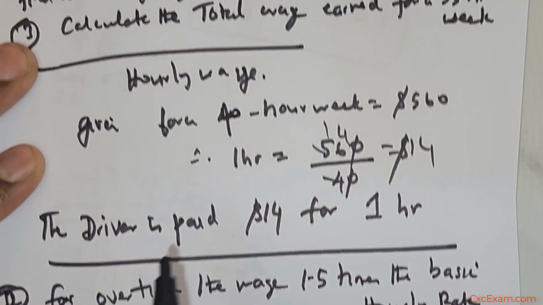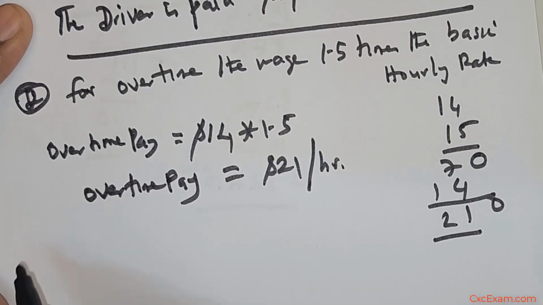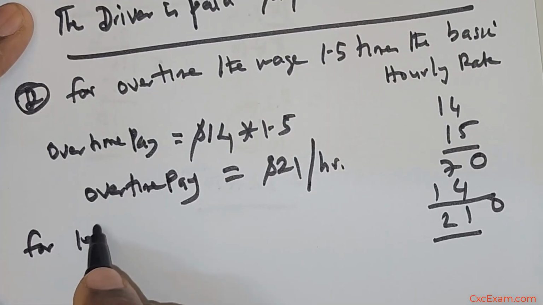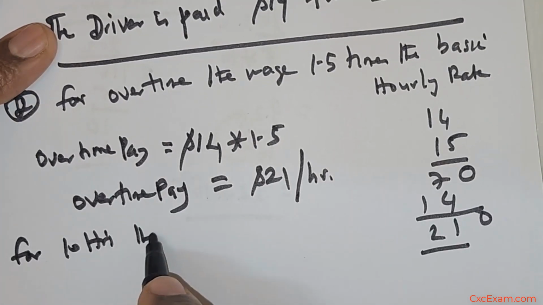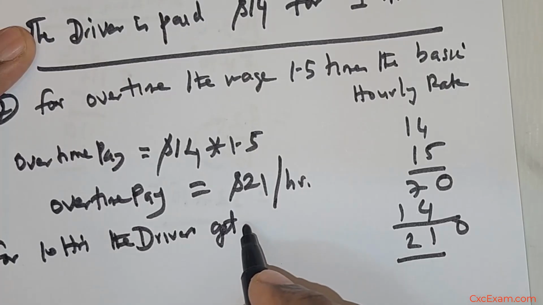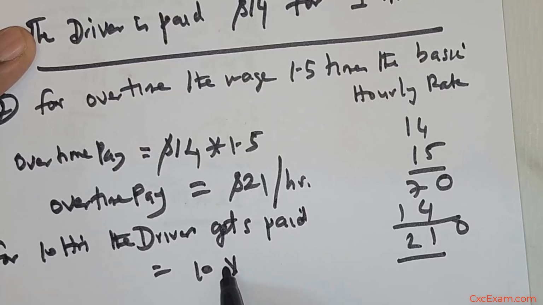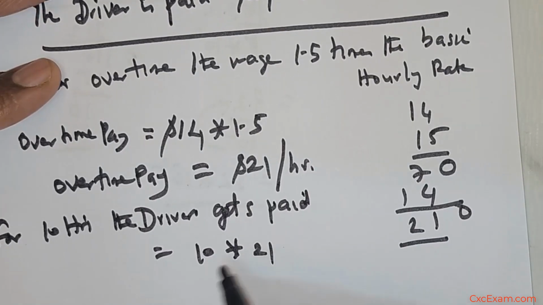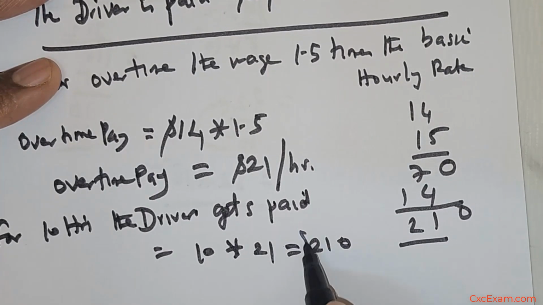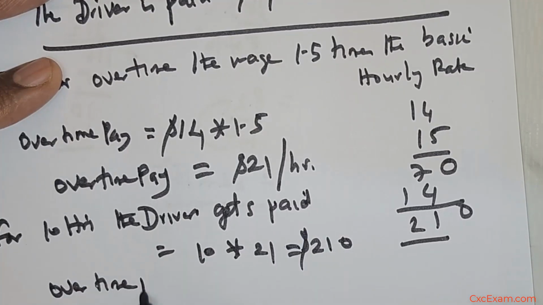Now we have to calculate the wage for 10 hours. So for 10 hours the driver gets paid how much? 10 hours multiplied with $21 an hour, so $210. So this is the overtime pay.